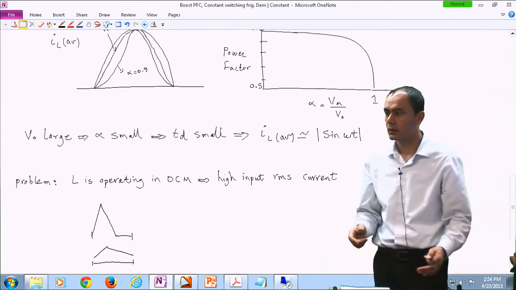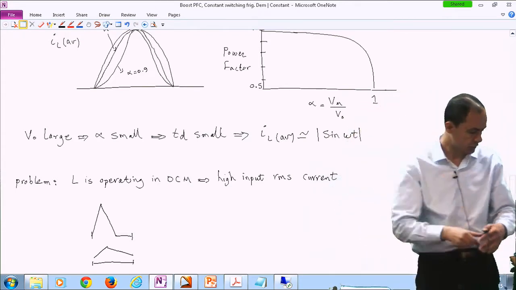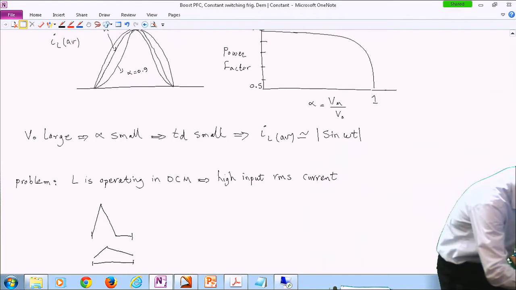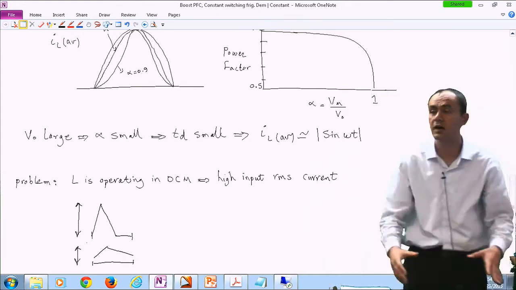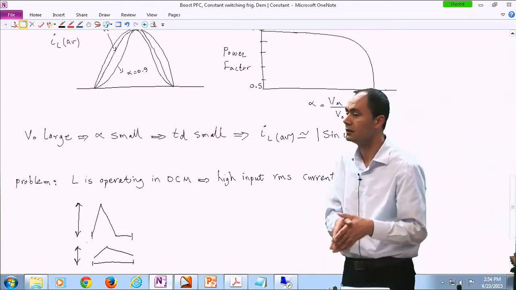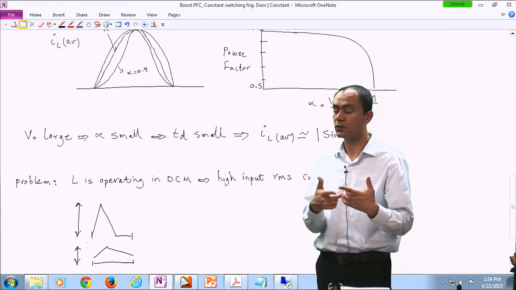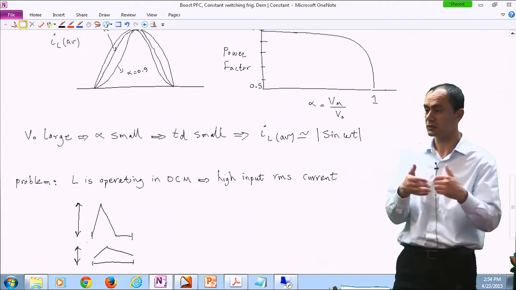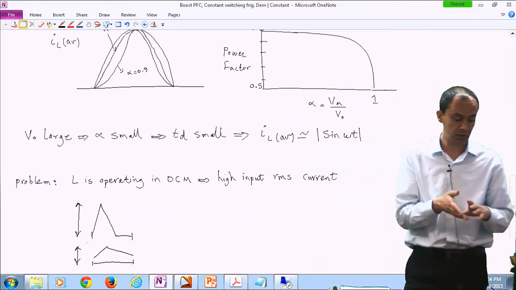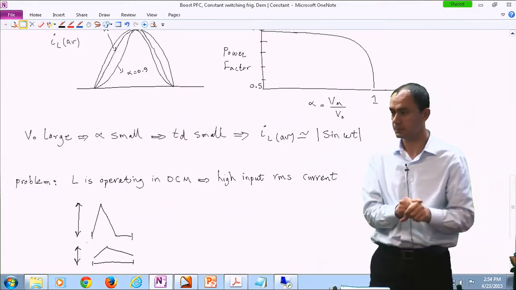If you compare these, you're going to realize that your peak in the DCM is much larger than the peak over here, even though they have identical RMS values. Because the top waveform has a section that is 0, to compensate for that 0 portion, your peak inductor current should be much larger.